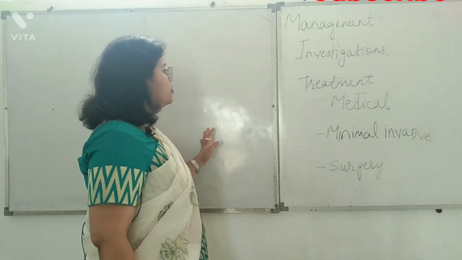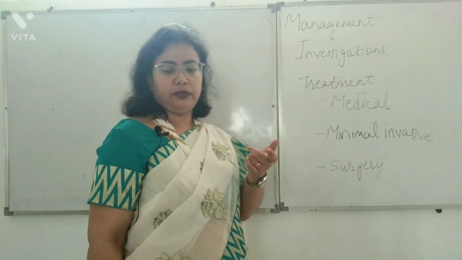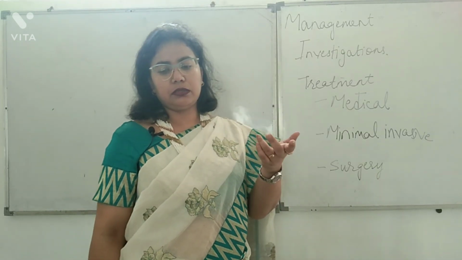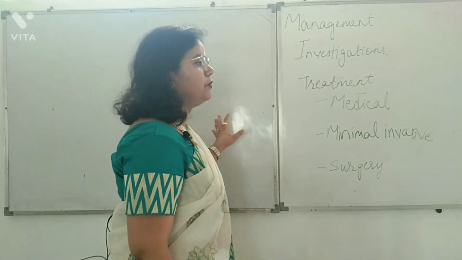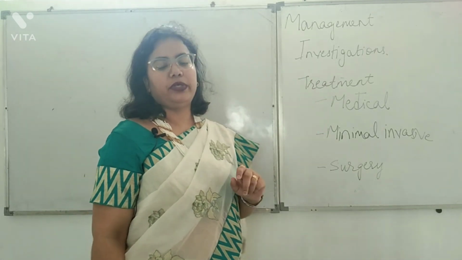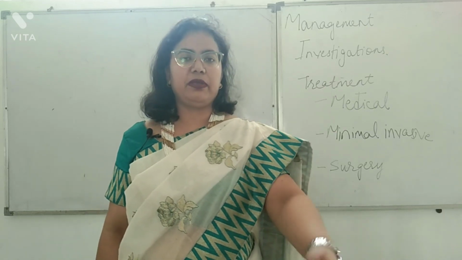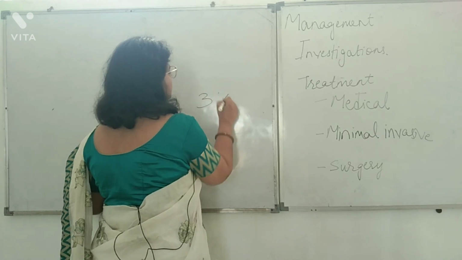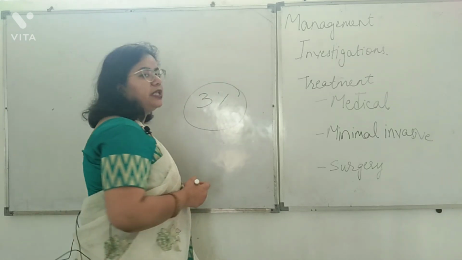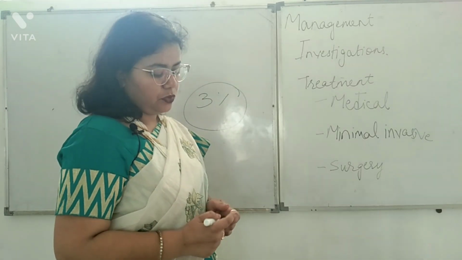Now hysterosalpingography: you put some water inside the endometrial cavity and you do the ultrasound. This is better for submucosal fibroids. Also D&C may be done. I have told you there is an association of 3% with endometrial carcinomas.